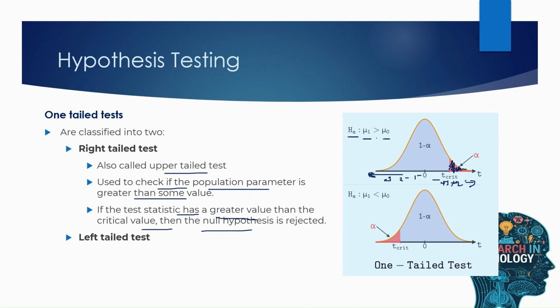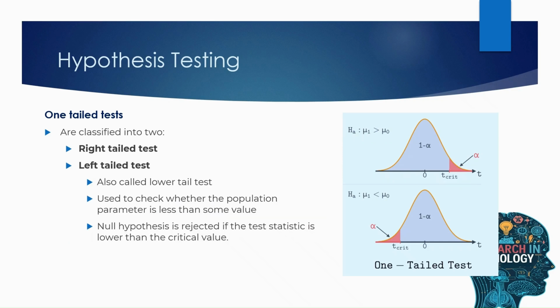So when the test statistic has a greater value, we know that the null hypothesis is rejected, right? And if the test statistic falls in any of this area, which is less than the critical value, right? Which means your null hypothesis can be accepted. All right, so that is the right tail test.